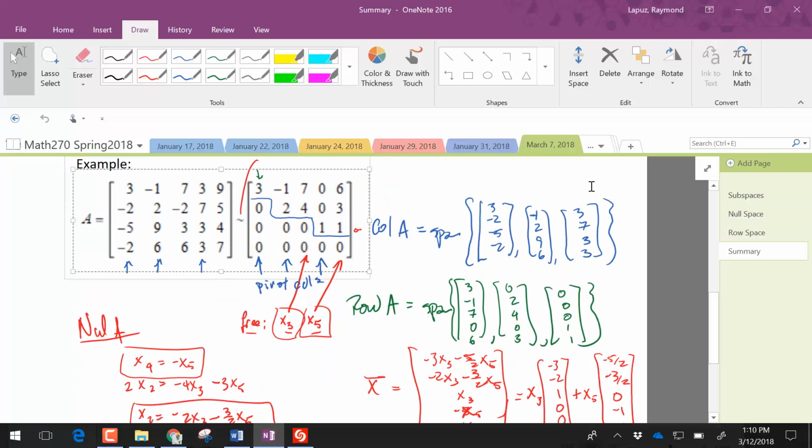It doesn't matter. You can reduce it all the way if you want, but all we care about is the number of pivot columns.